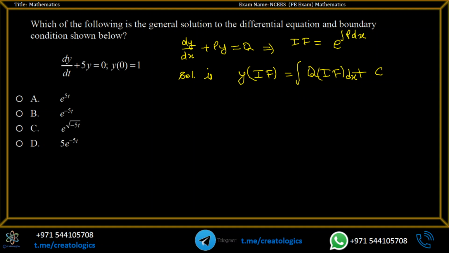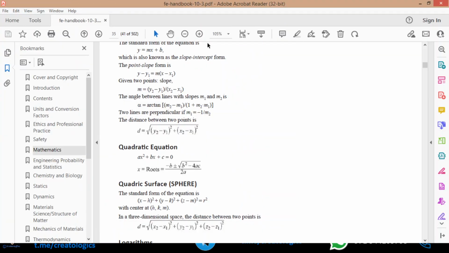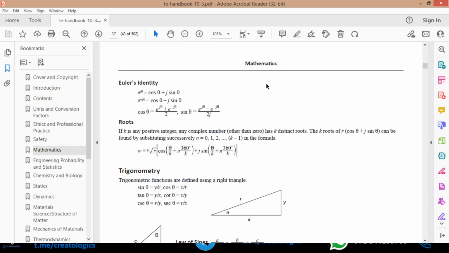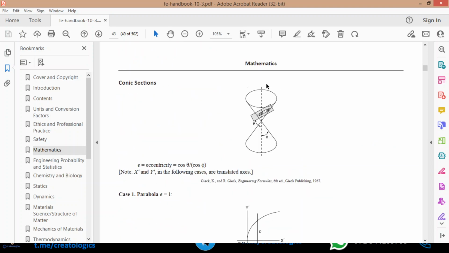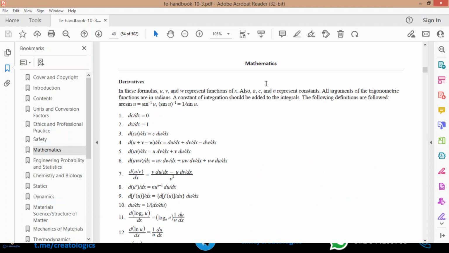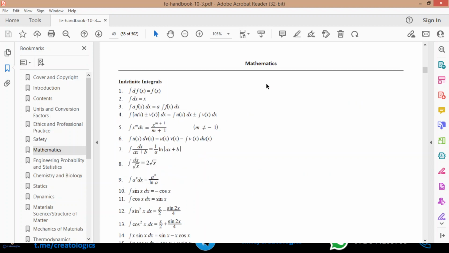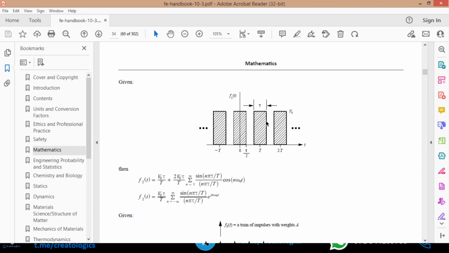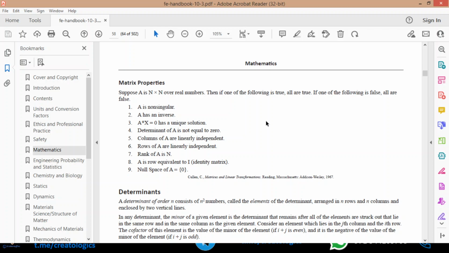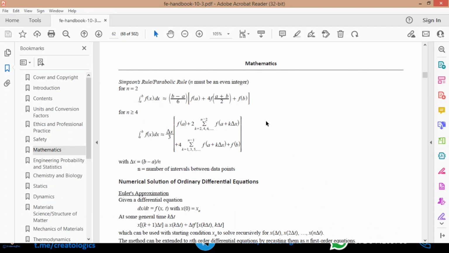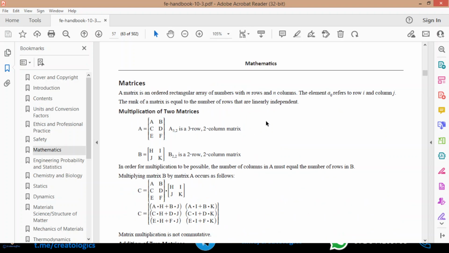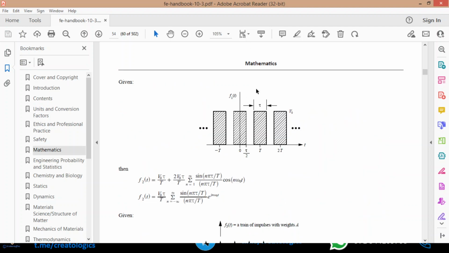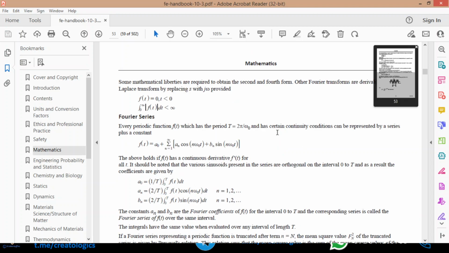If you do remember this result, you can easily solve it. If you don't remember this, don't worry, the formula is also available in your handbook. If you go to the section of differential equation, you can find the linear differential equation solution under the differential equation portion.